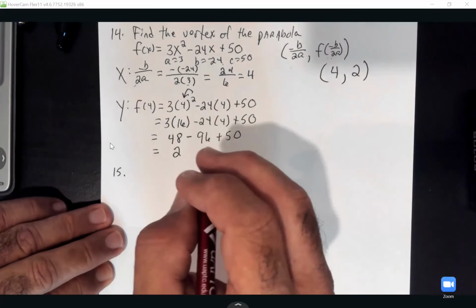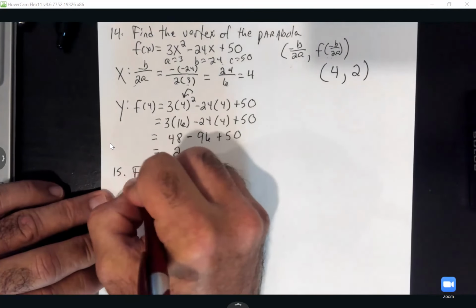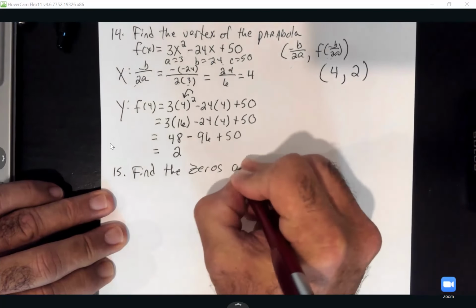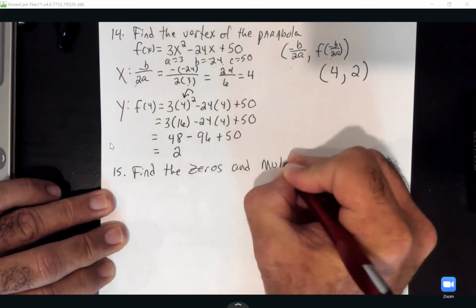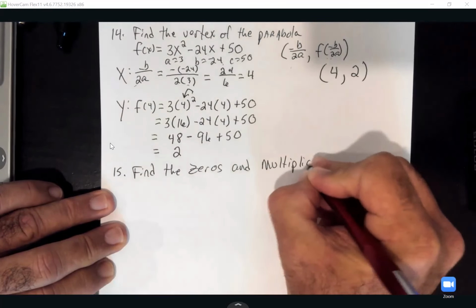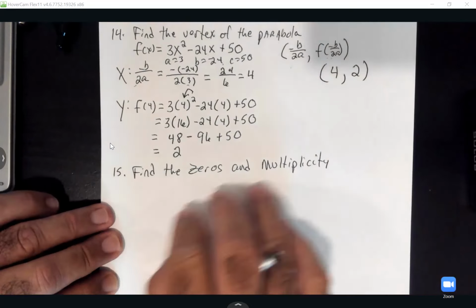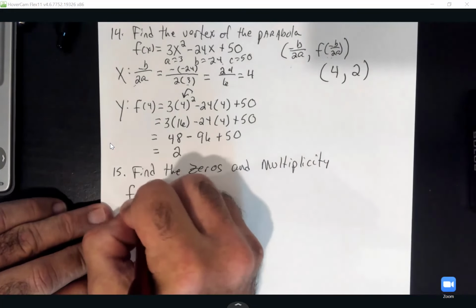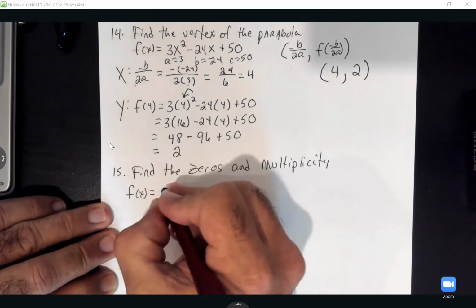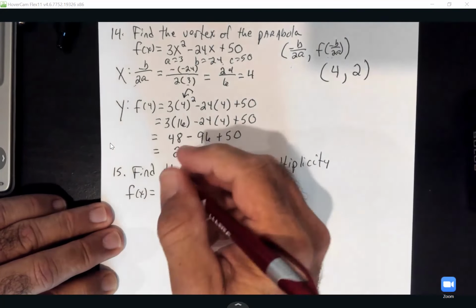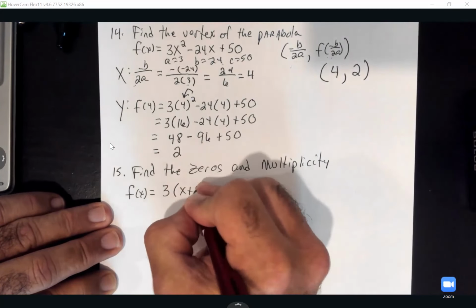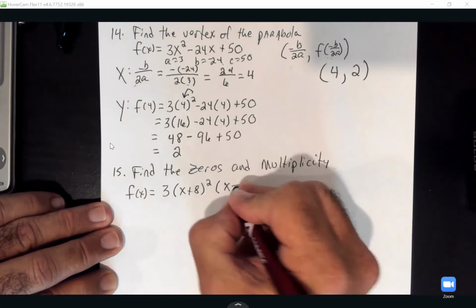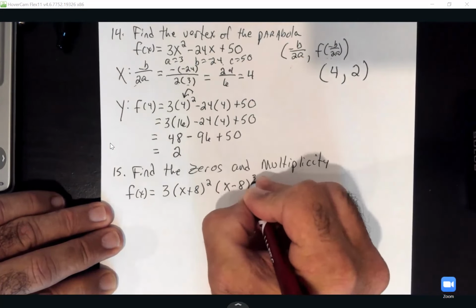All right, 15. Find the zeros and the multiplicity. So if you notice, we're getting into that test 3 material. So we have f of x equals 3 times x plus 8 squared times x minus 8 to the third.